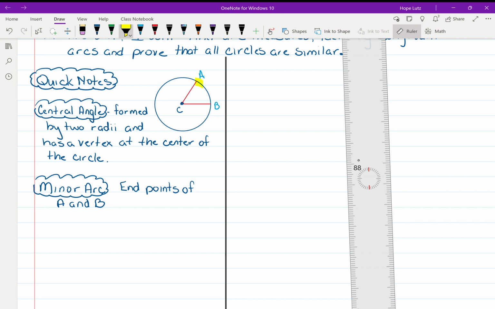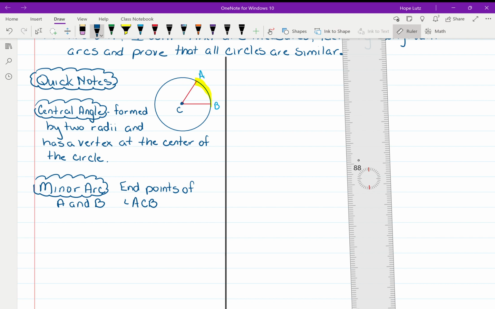So your arc is right here. So A and B. And it is of my angle ACB. Alright, so the minor arc has endpoints of AB, and it's of the angle ACB.